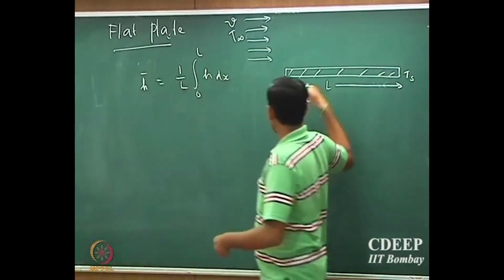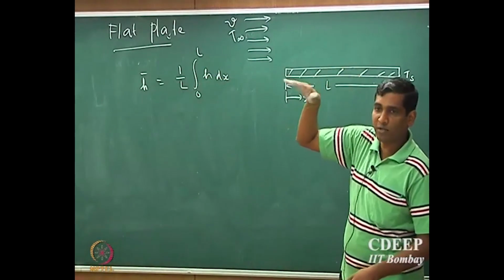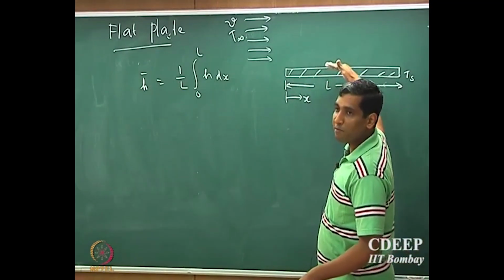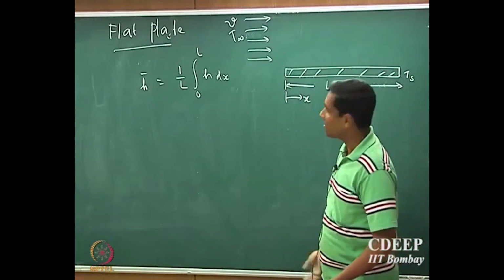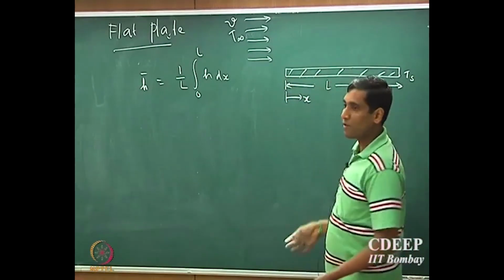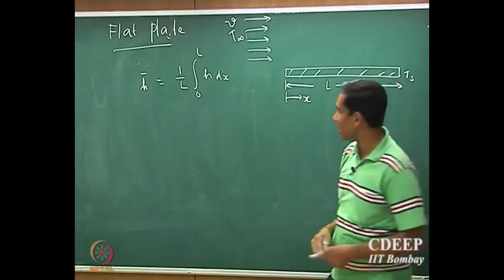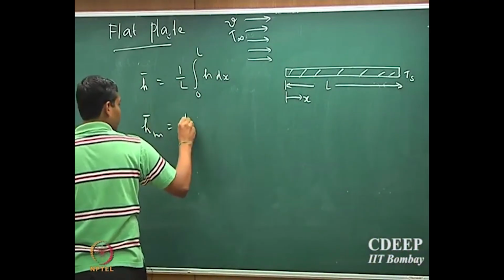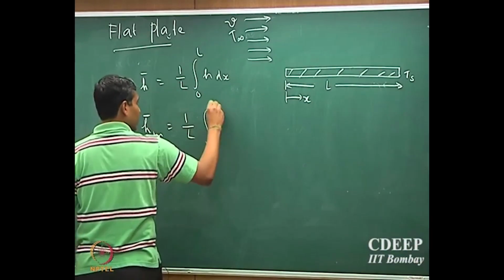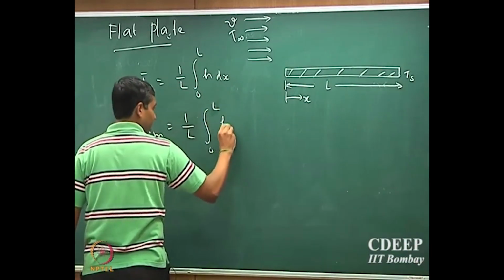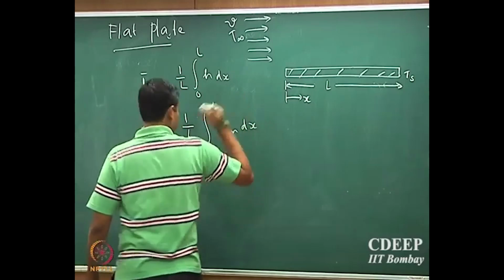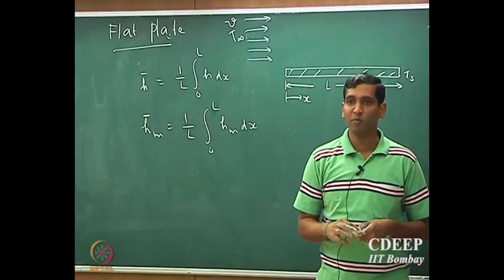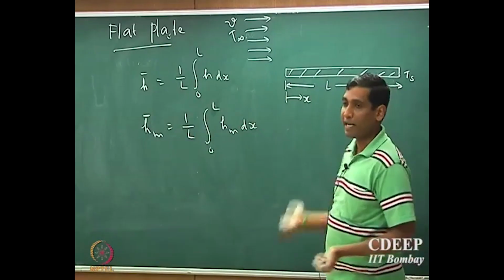I assume that it's a uniform cross section, uniform length in the other direction, so the other plane is infinitely long, and the heat transport coefficient is essentially averaged over the length. And similarly, one can write a mass transport coefficient, which will be 1 by L integral 0 to L of Hm times dx. So that's the average heat transport and average mass transport for flow past a flat plate.